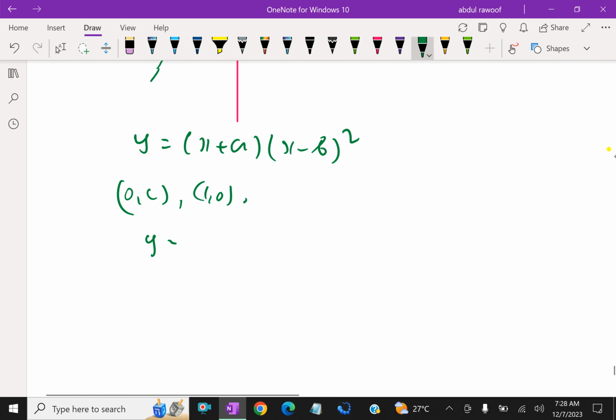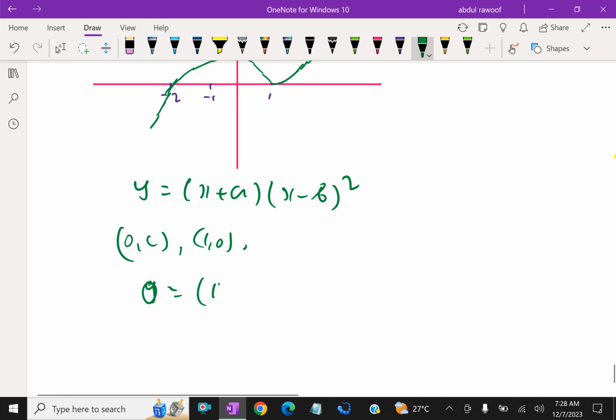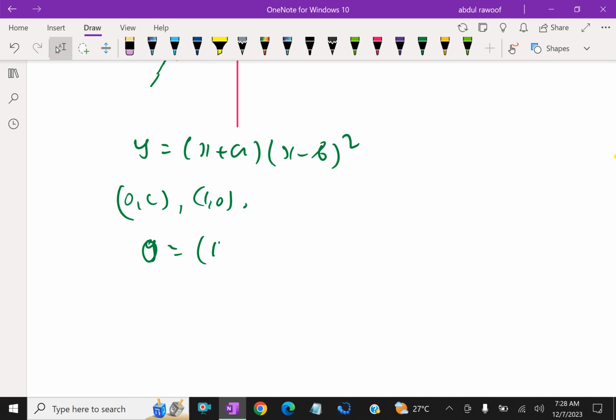Therefore, y equal to 0 when x is 1, and x is minus 2.